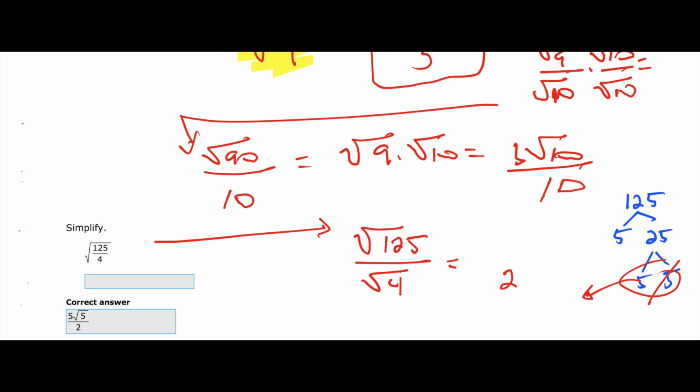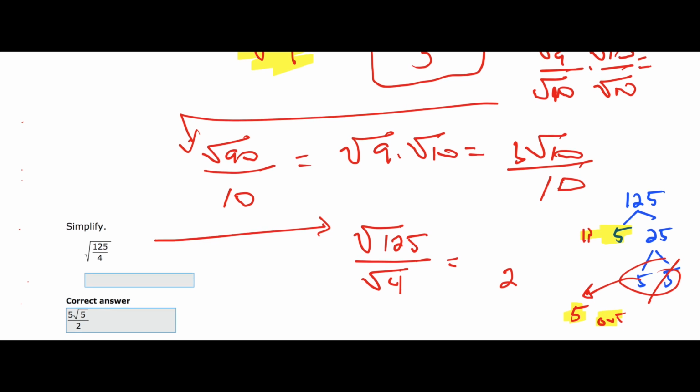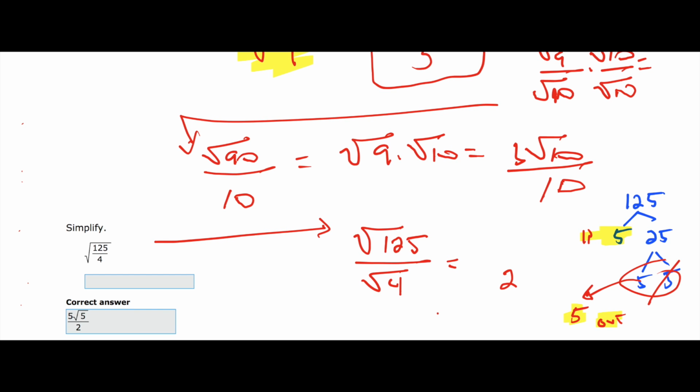So this 5 goes out of jail, so this one comes out. And what about the other 5? Yeah, that 5 stays in. So that's in. And then we end up with 5 root 5 over 2.